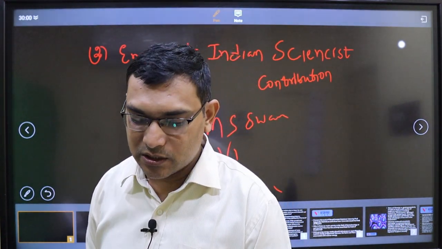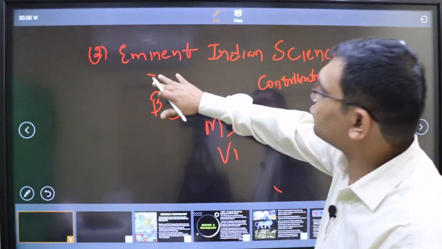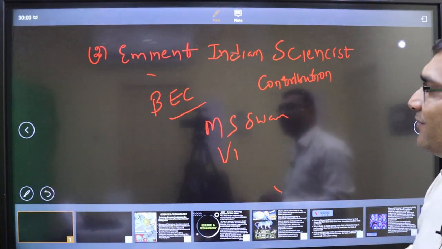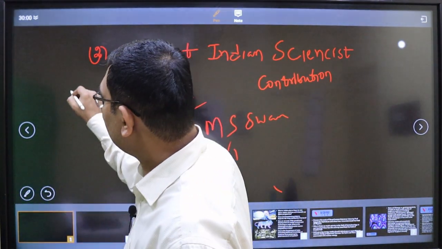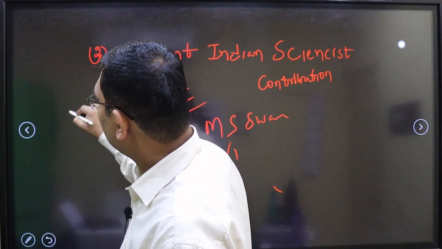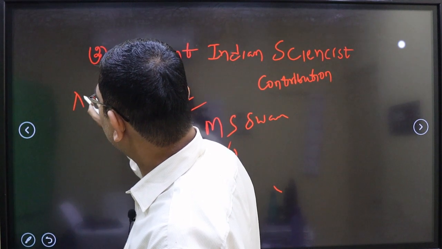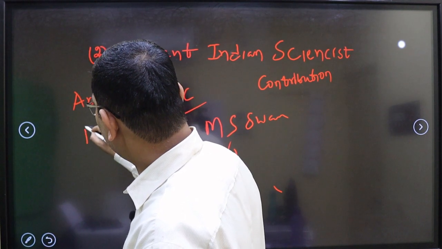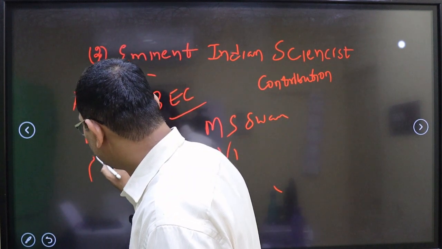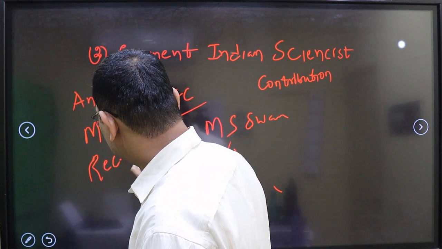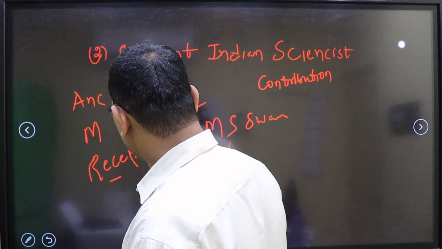So in the science and technology development, the first topic, we will be seeing what developments took place in ancient India, what developments took place in the medieval period, and what the recent developments are in the modern era. We will be seeing all these things.